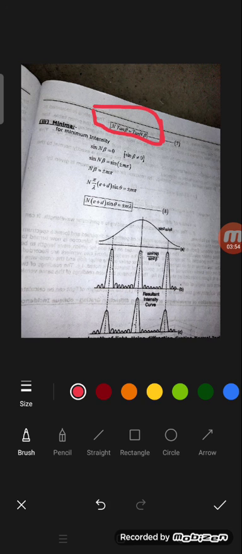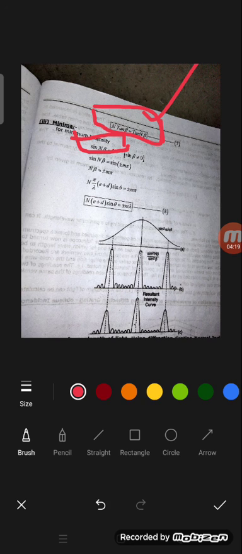Now for the minimum intensity. The first step is to calculate the principal maxima, then the secondary maxima, and then the minimum intensity. For the minimum intensity, we put sine N beta equal to 0, not sine beta equal to 0, only sine of capital N beta equal to 0.